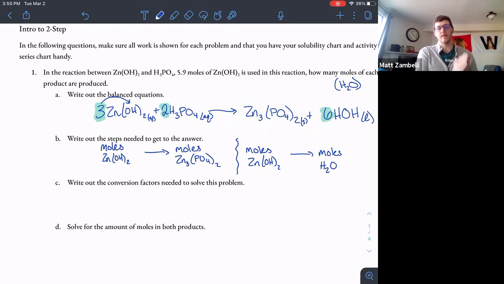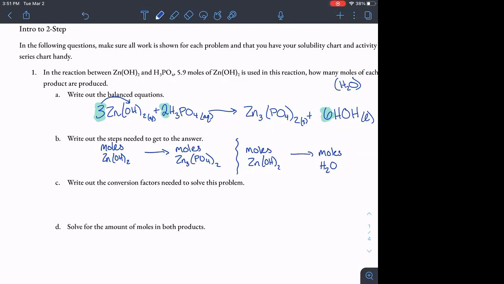How do we go from moles of zinc hydroxide to moles of zinc phosphate? What do we have to use to go from moles of zinc hydroxide to moles of zinc phosphate? Mole ratio? We're going to use the mole ratio. Perfect.